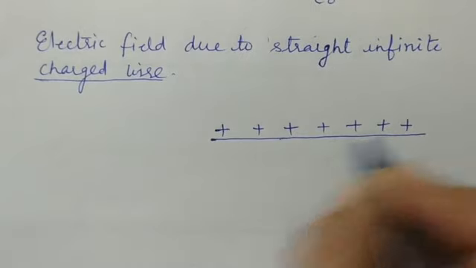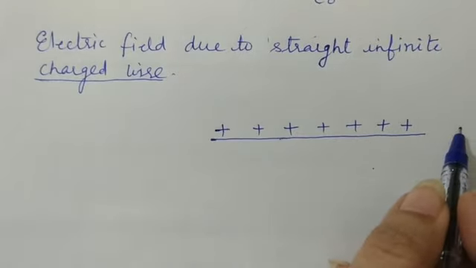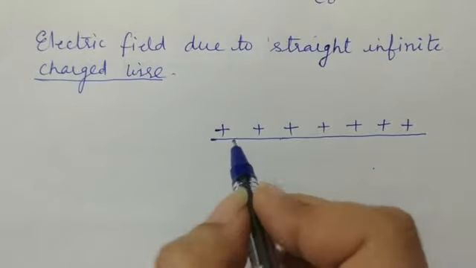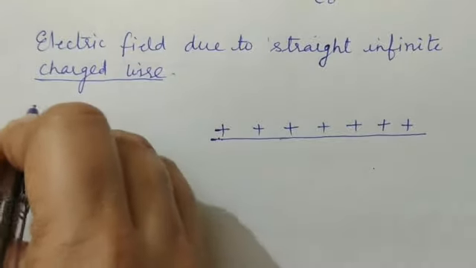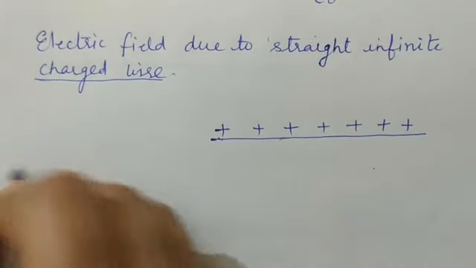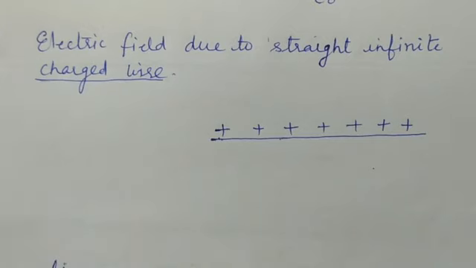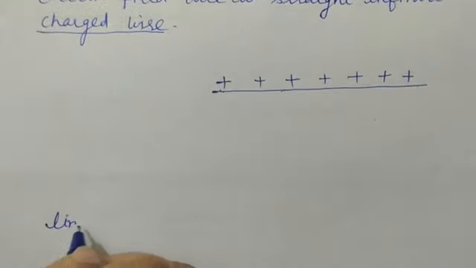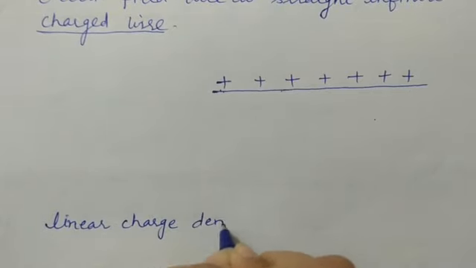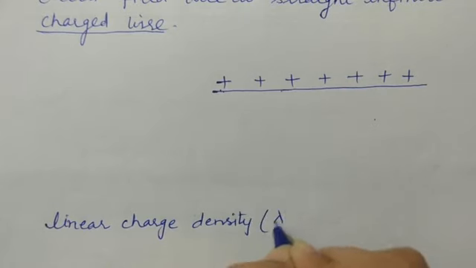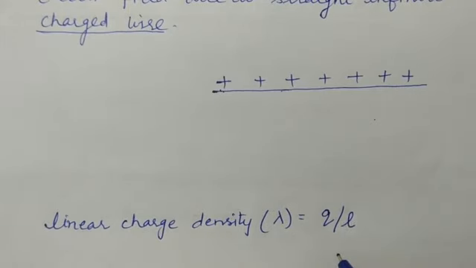This charge is uniformly distributed over the length of the wire. Here, what is the total charge present on this wire? We cannot guess. So we define linear charge density, denoted by lambda. This is equal to charge per unit length of the wire. So we know how much charge is present on unit length of the wire.